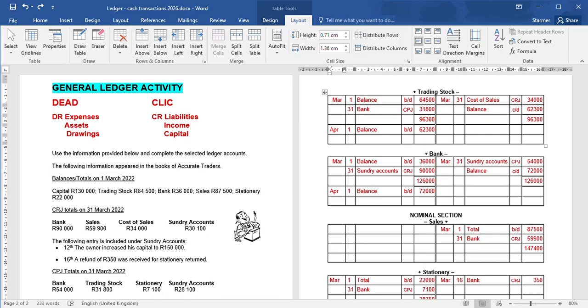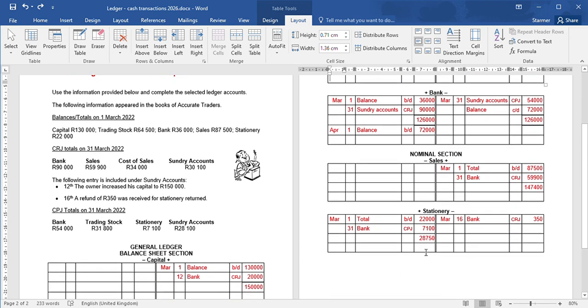In the nominal section, when you've got stuff on the one side of the account, you just add it up. So you take your two sales numbers and you add them to get 147,400. In the nominal section, when you've got stuff on the debit side and the credit side, you add up the debit side and you minus the credit side, and you just write the answer on the plus side.